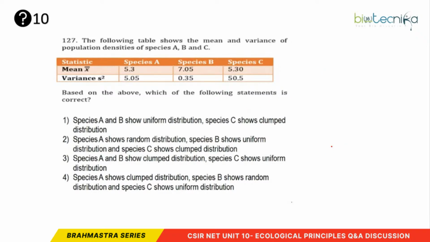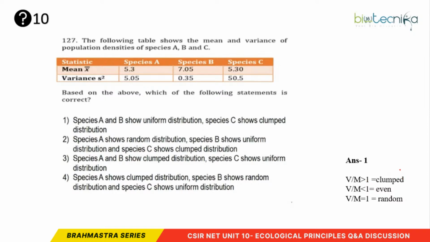So the correct answer, shall I give the correct answer? The correct answer here is option 1. So variance by mean, if the ratio is coming greater than 1, it is clumped.